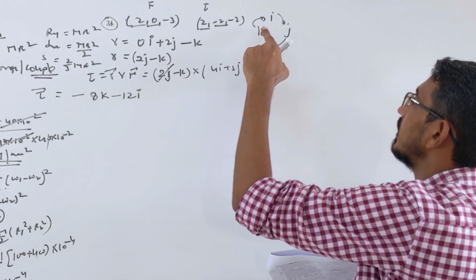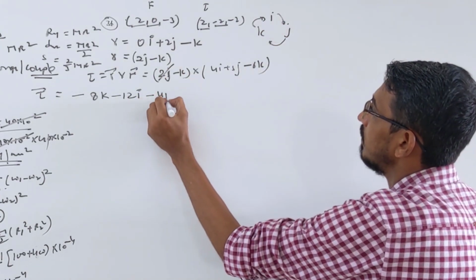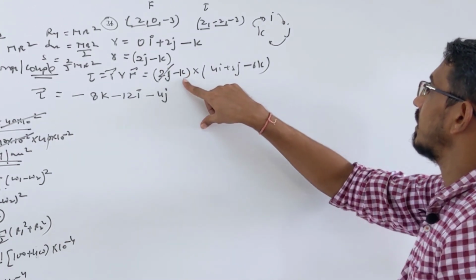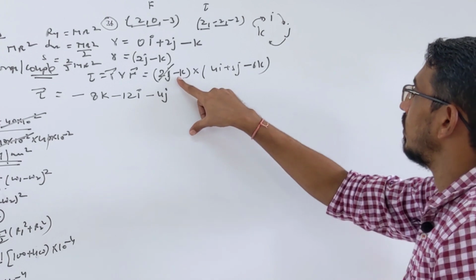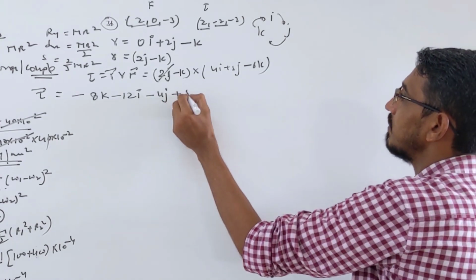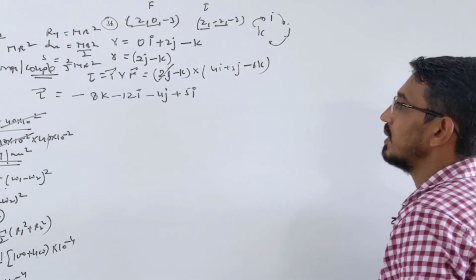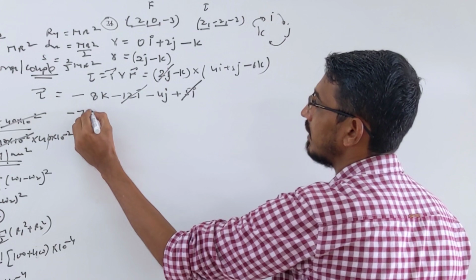k cross i becomes j. So how much becomes? Minus 4j, right? Okay, then k cross j means minus i, and one minus is already there, so it becomes plus 5i. k cross k becomes 0, so this much only. So let's arrange this. Minus 12i minus 5i becomes minus 7i.